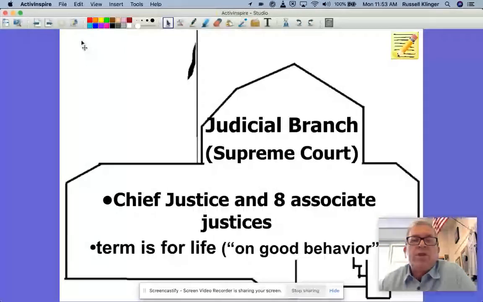But, with the appointment of Amy Barrett recently to fill out Justice Ruth Bader Ginsburg's absence from her death, it really created, as some of you saw in the media, a lot of media attention. Where they started to politicize these people and things like that, which is really unfortunate because members of the Supreme Court are supposed to be very neutral. They're supposed to interpret the Constitution on its value for what it is, but that's a whole other discussion.